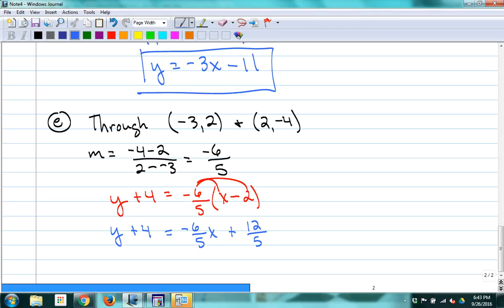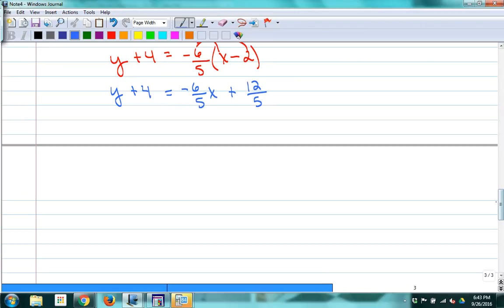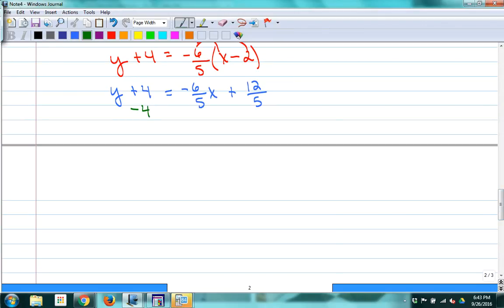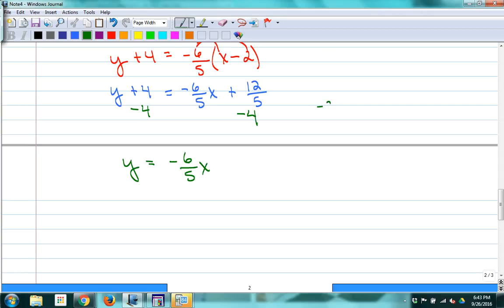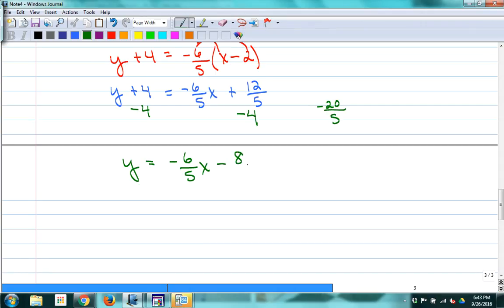One more step gets y by itself. Subtract 4. Y is equal to -6/5 x, and then let's see, that'd be -20/5. That'd be -8/5. And there we have slope-intercept form.